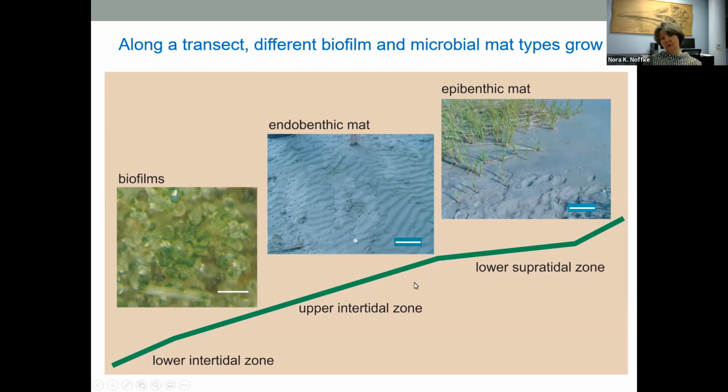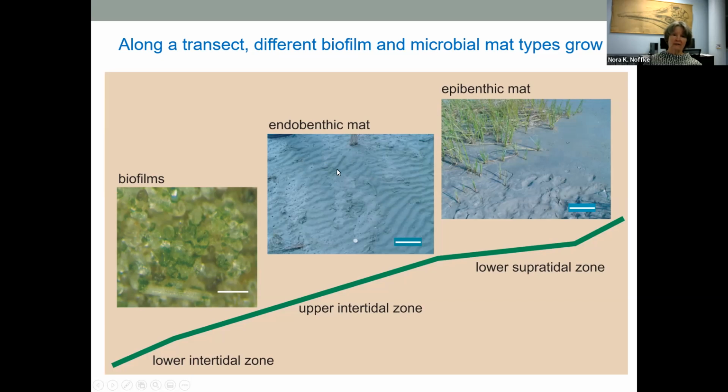Let's move into the upper intertidal zone. Within a few hours of calm in between flood currents, endobenthic microbial mats can establish. The main mat former here, if we stay with the example of the North Sea, is Oscillatoria limosa, which is an organism that can move through the sediment very quickly. So it forms within hours an endobenthic microbial mat.